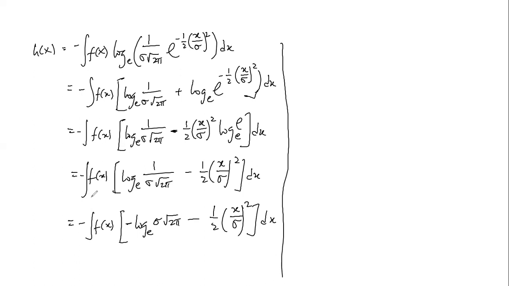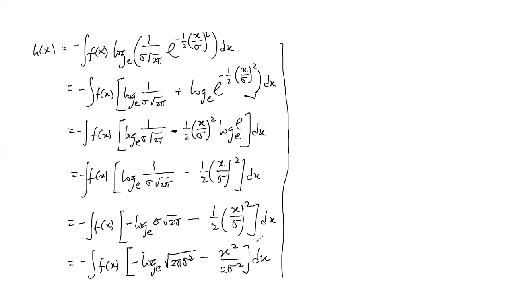Now that we have done this, we could also rewrite this to be cleaner: f of x negative log to base e square root of 2 pi sigma squared. So the square root of sigma squared gives us sigma, so it's the same way of writing that, and negative. Then we could say this is x squared divided by 2 sigma squared dx. Perfect.